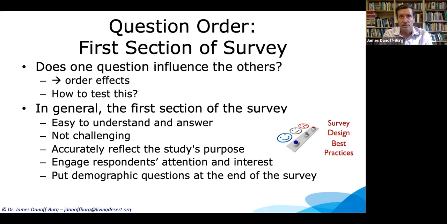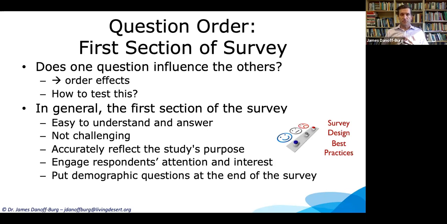I think it would set people's hackles up and upset them quite a bit and maybe stop them from answering. But if your first question is, are you or is anyone in your family a poacher? If you put that right up at the front, are they going to answer equally, openly, and honestly all of the other questions or items in your survey? I would say definitely no, right?